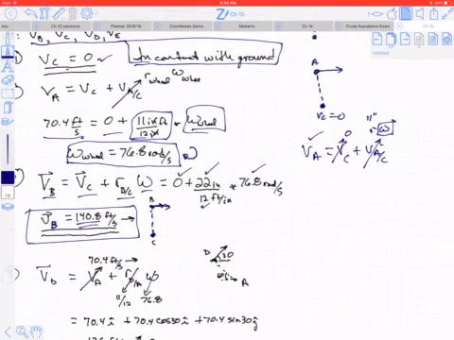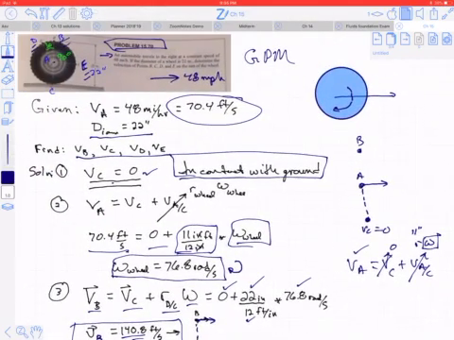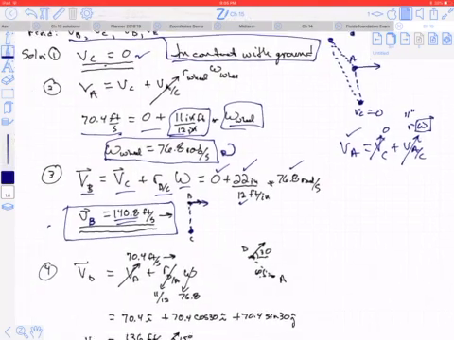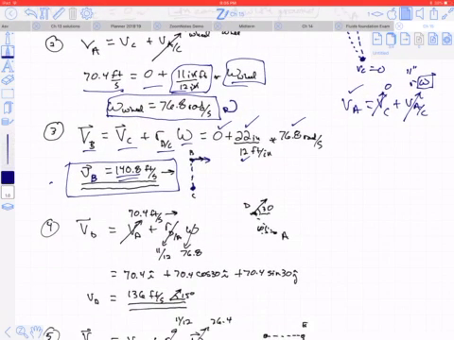Let's go to D, which is over here. Rather than going from C, which I could, I think it's easier to go from A, because I know the angles and I know the distances. So for D, I'm going to start at A. VD equals VA plus RD with respect to A times omega.